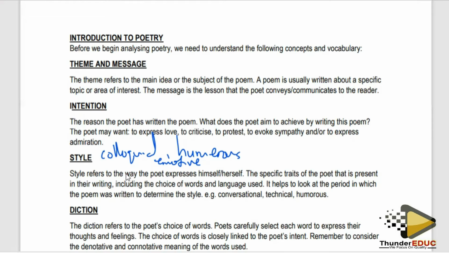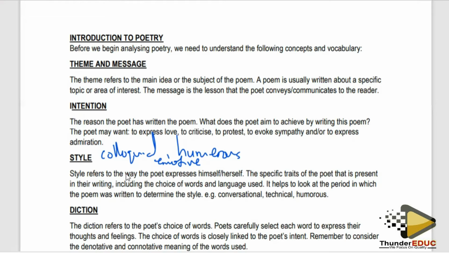That word has an impact on you, and you can't even forget it. That's what we call diction. When someone is giving a presentation and there is that one word which keeps coming up, you must be able to know this one is making an impact. So that's what we mean by diction.